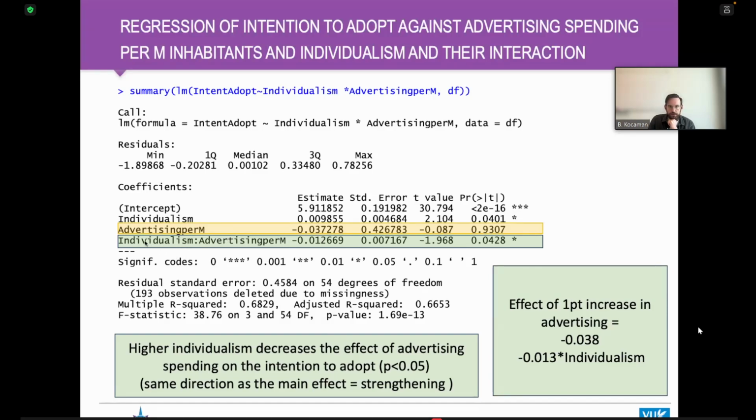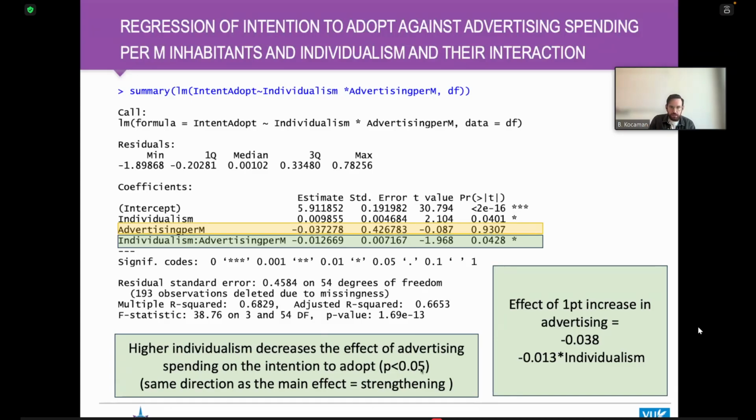So when you have more individualism, the effect of advertising is less than before. A 1 point higher individualism decreases the effect of advertising spending on the intention to adopt. This is the same direction as the main effect, so it's strengthening.